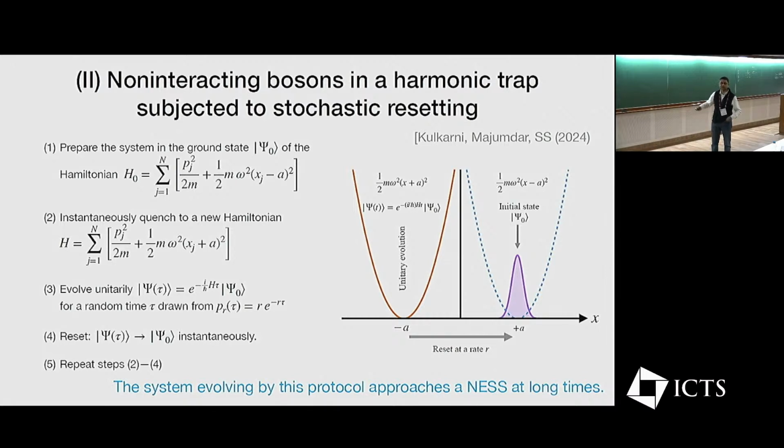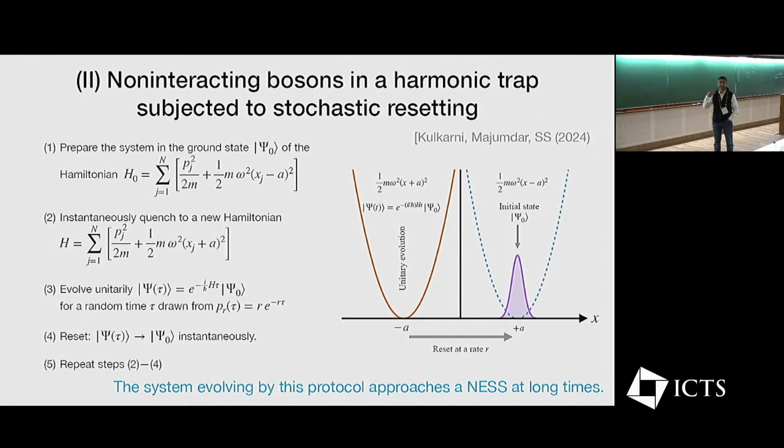Experimentally, you shift the trap center to again plus a, and cool the system to the ground state, and you assume that the time taken to cool the system is negligible compared to the experiment. And then you just keep repeating this. You put it here, cool it there, then move the trap, let it evolve unitarily for some time tau, and then you again quench to the ground state, and you keep doing that.